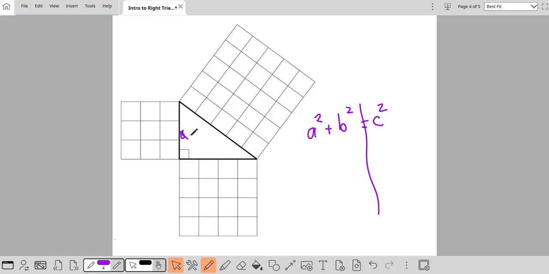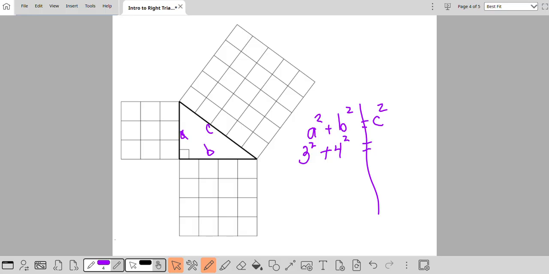Let's call this A, let's call this B, and across from the right angle is C. My first leg, A: if you look, the length of A is 1, 2, 3. So we're going to call it 3 squared. And the length of B is 1, 2, 3, 4. So we're going to call that 4 squared, equals.